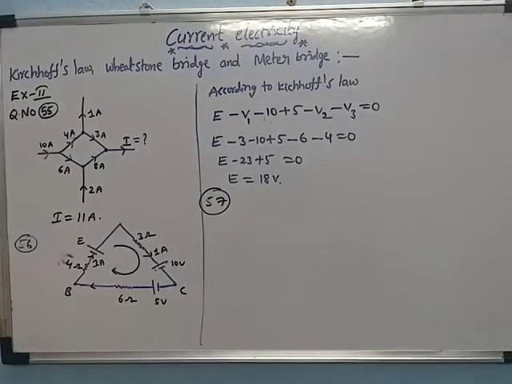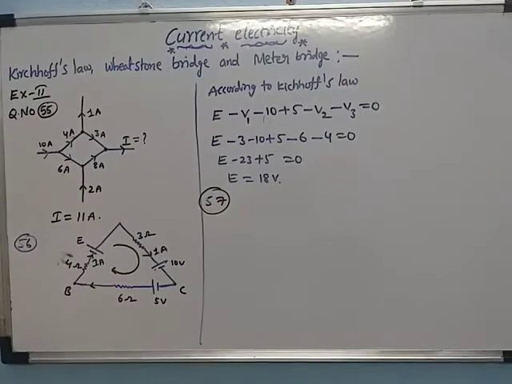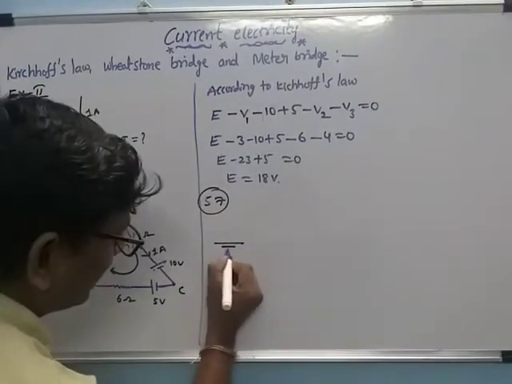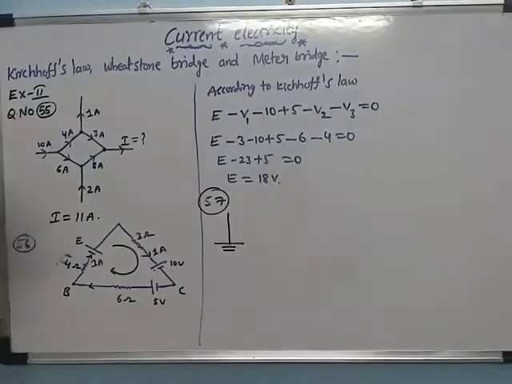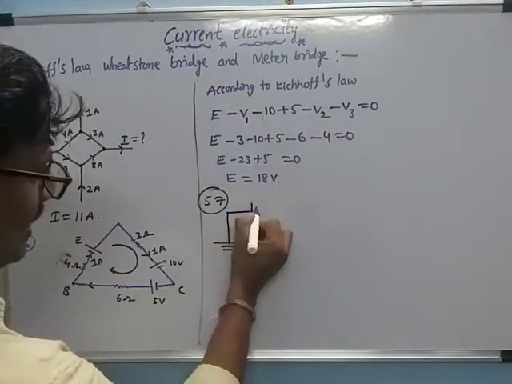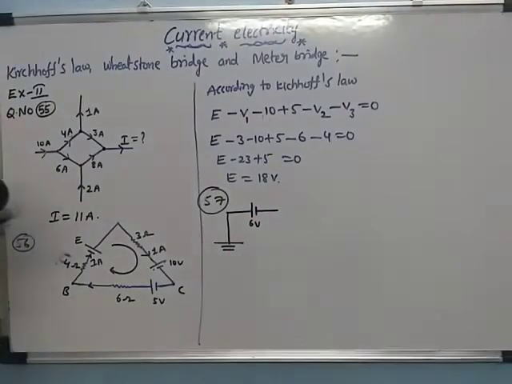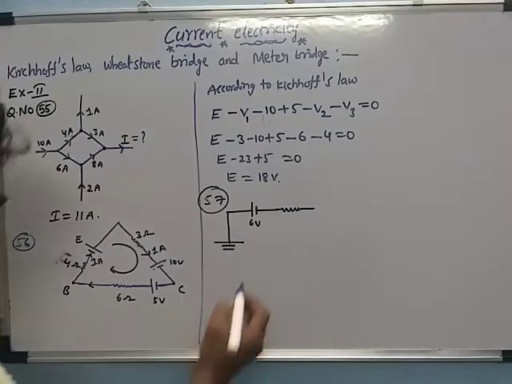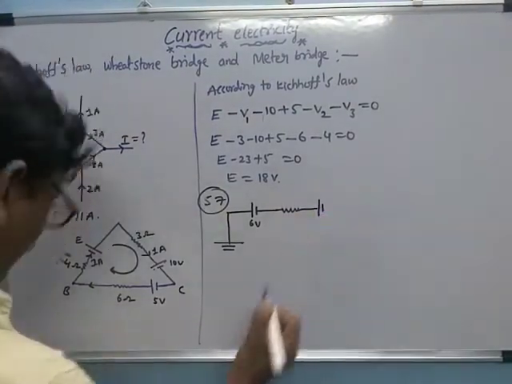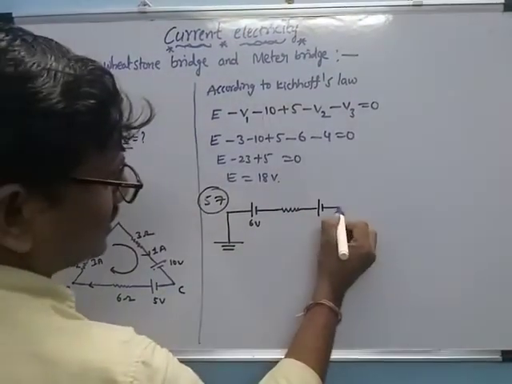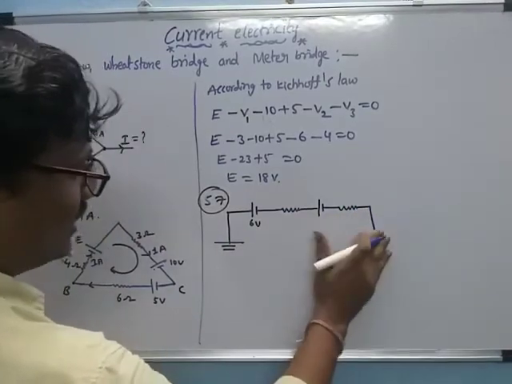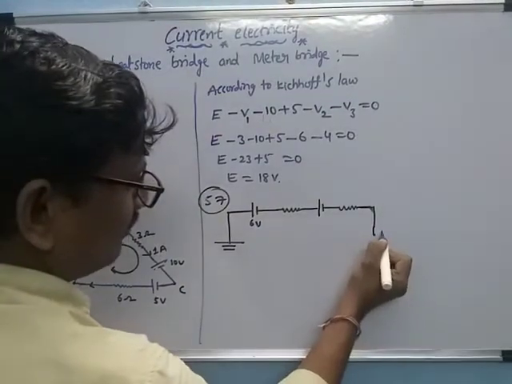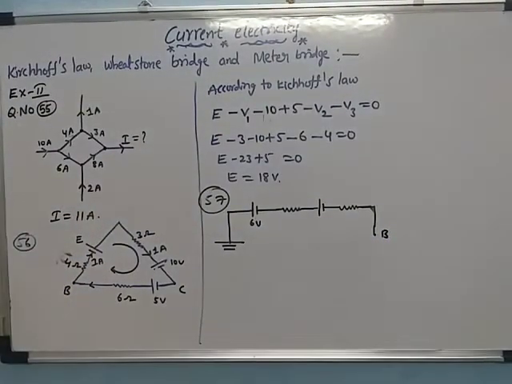The potential difference between A and B. Here the ground is connected to a battery of 6 volts, and it is across a resistance, and again it is across one battery, and now this is the resistance, and it is connected to point B. At point B we can observe a current of 3 amperes.